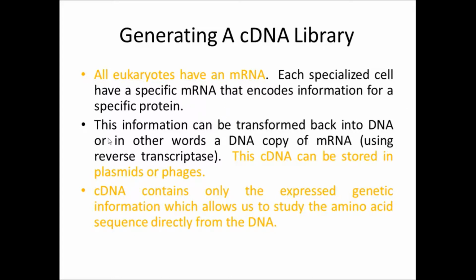This information can be transformed back into DNA, in other words a DNA copy of the mRNA, using reverse transcriptase, a specific enzyme which converts the mRNA into single stranded DNA. This DNA is called complementary DNA. This complementary DNA is stored in plasmids or phages.